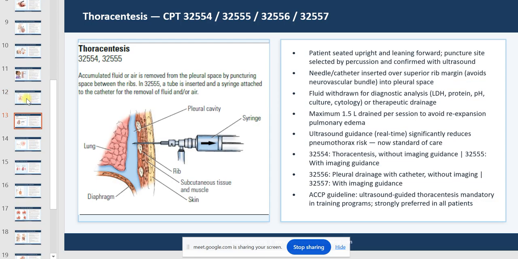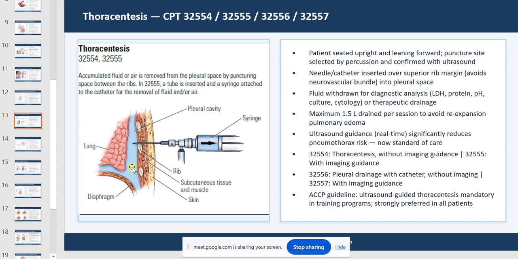Then we have some other procedures in the chest region, thoracocentesis. What we learned: the pleura is the covering layer around the lungs, called the pleural cavity. Normally you'll find minimal thin fluid in the pleural cavity. But because of infection, fluid will accumulate within the pleural cavity. What do you call that condition? Pleural effusion. Effusion means collection of fluid.